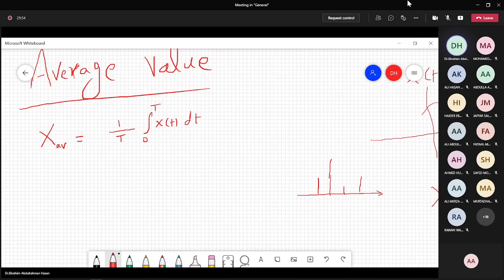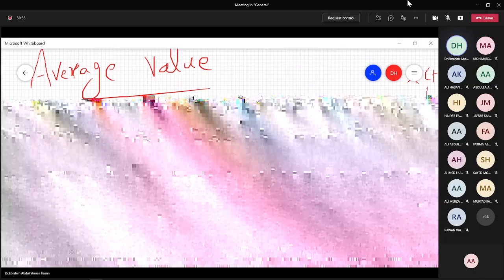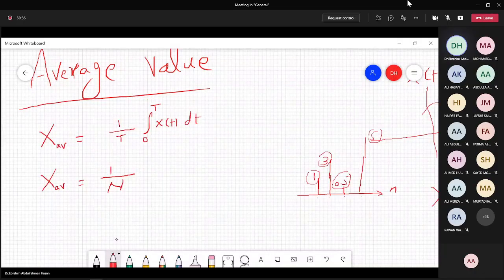If this is 1, this is 3, this is 0.5, this is 5, then to find the average value you need to add 1 plus 3 plus 0.5 plus 5, divided by 1, 2, 3, 4, the number of samples. So for discrete, x average is divided by the number N, and here we add 1 plus 3 plus 0.5 plus 5.